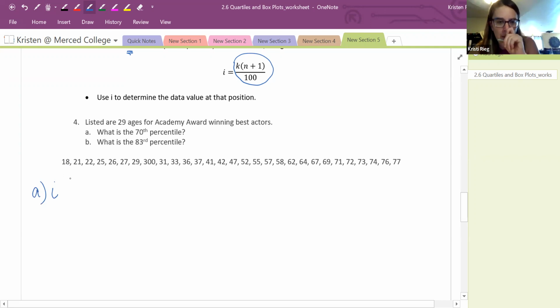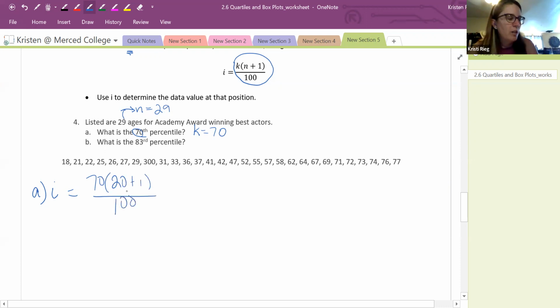So in this problem, for A, K is 70 because it says so. And then N for both problems is 29. Okay, so we're going to say 70 times 29 plus 1, over 100.